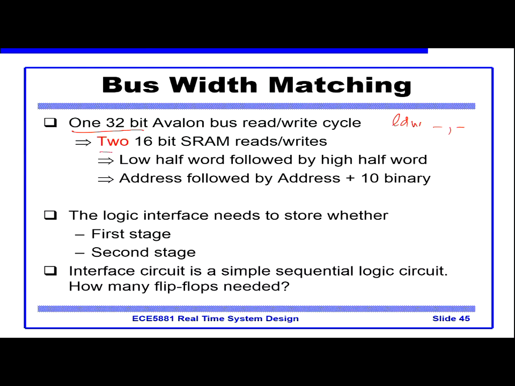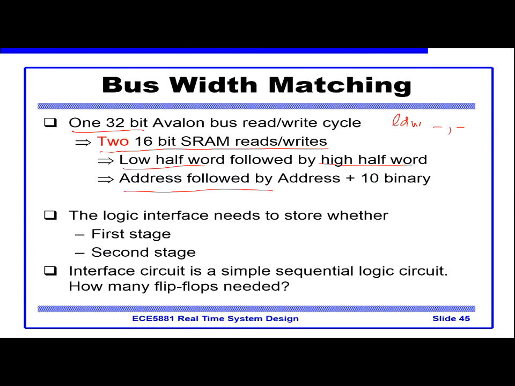Okay, so we end up with 2 16-bit SRAM read-writes required because the SRAM is 16-bit words. All right, so that means we're going to do it in 2 parts. You do the low half first, typically, followed by the high half second. When I say low half, that's the low address half, so the number of the address would be less than the address of the high half. Okay, so that's in terms of what the SRAM will see.